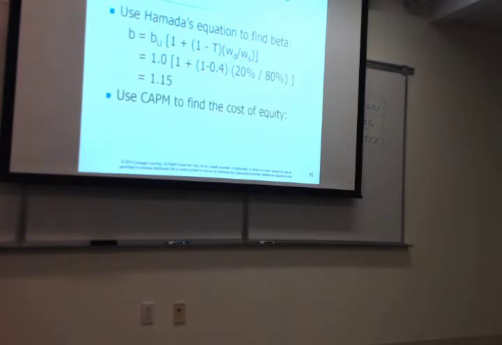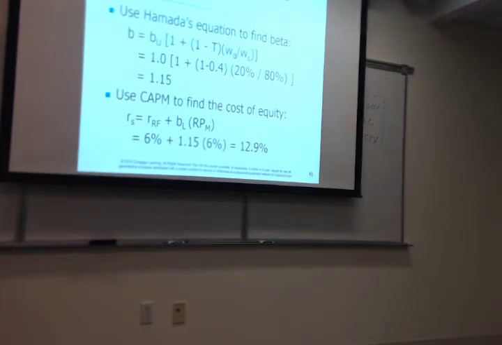Then we're going to use our CAPM to find the cost of equity. Previously, with 0% debt, our cost of equity was 12%, if you look back a couple slides. We're going to now plug the new beta into the CAPM formula. I think the risk-free was 6%, the market risk premium was 6%, so it used to be 12%. Now it's a little bit higher, 12.9.